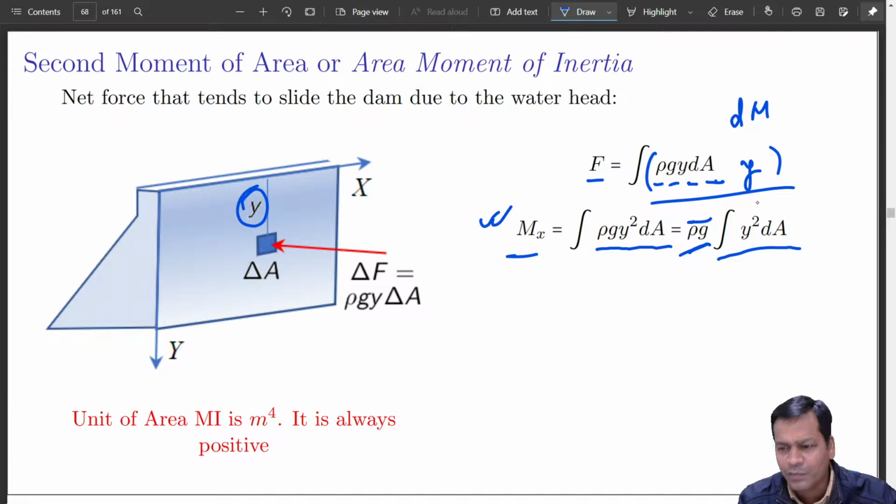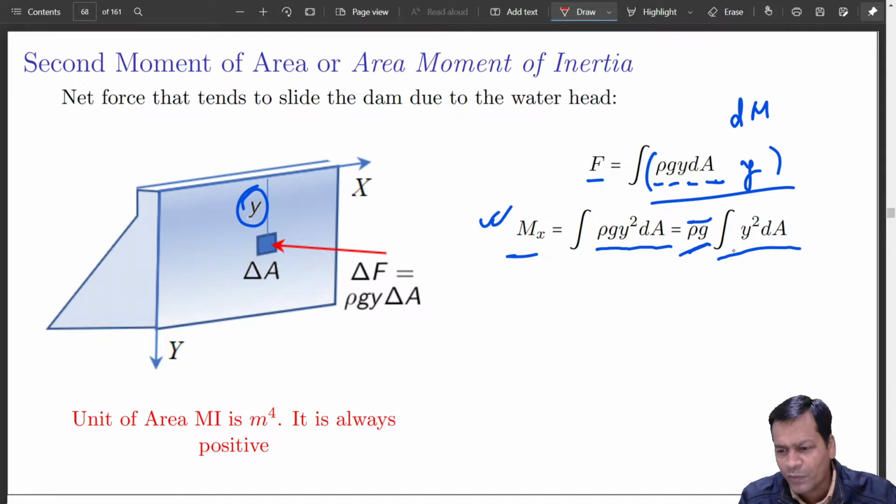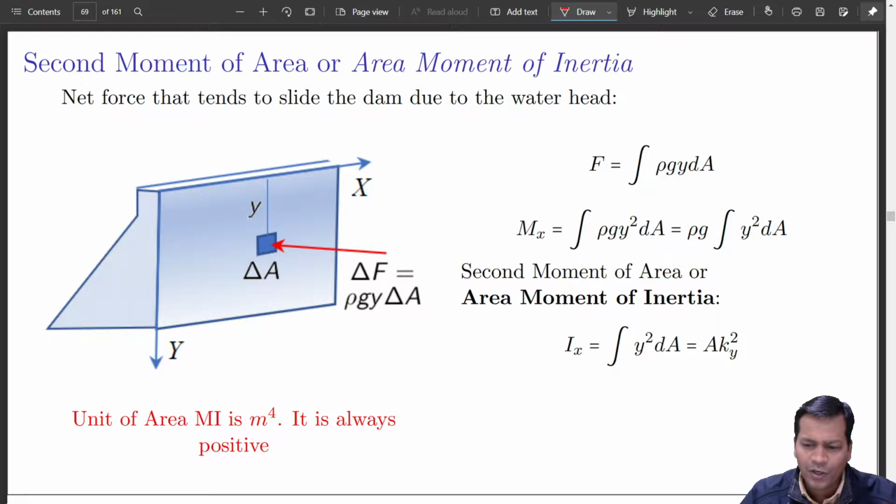So the term that appeared here, the second term, is quite significant when we deal with this type of thing. This is what is known as second moment of area or area moment of inertia.